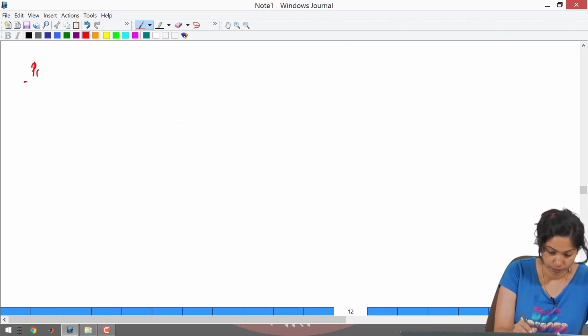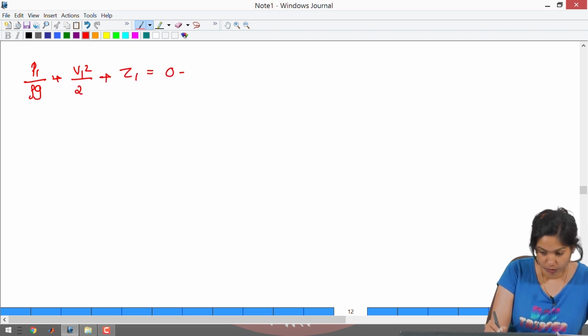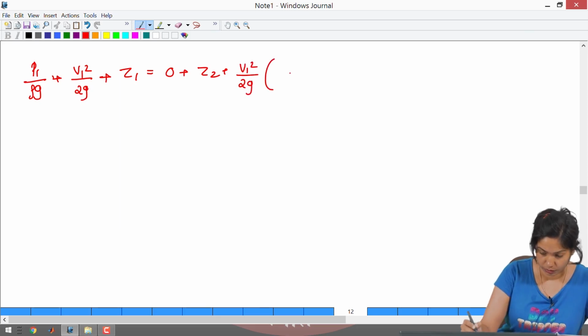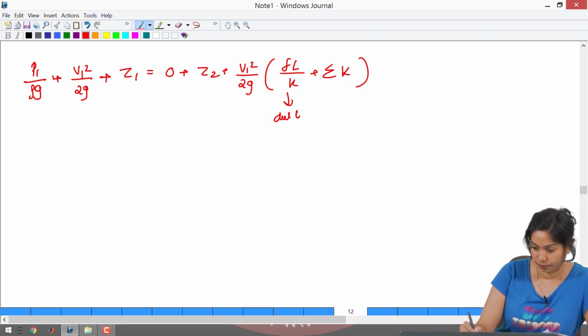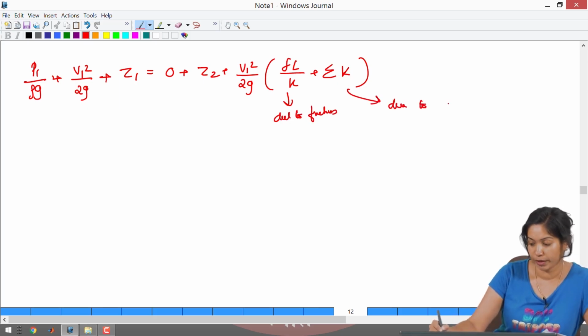P1 by rho g plus V1 square by 2g plus Z1 equal to 0 plus Z2 plus V1 square by 2g, plus this term due to friction, plus this term due to minor losses.